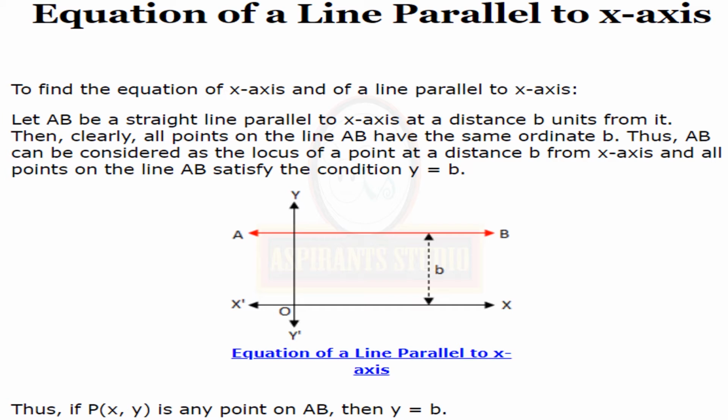Thus, if P(x, y) is any point on AB, then y = b. So the equation of the straight line AB is y = b.